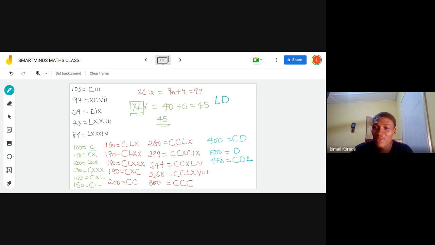You know L is 50. No, we can't do it that way. So to write 450 in Roman numerals, you have to write it by the digit value. So you have to write 400 first, then write 50 next, then write the units, depending on the case.